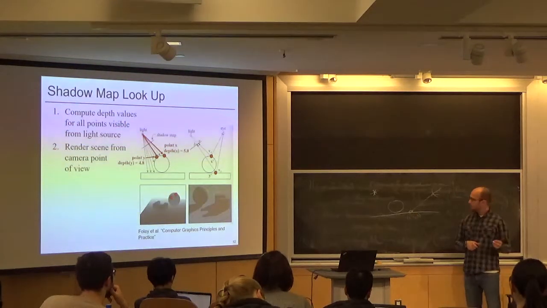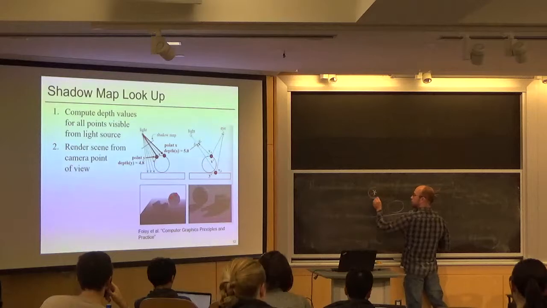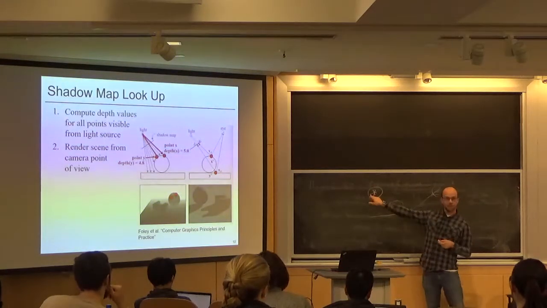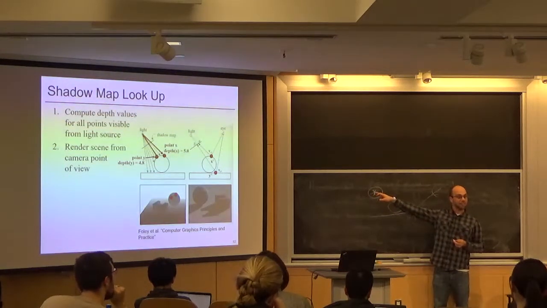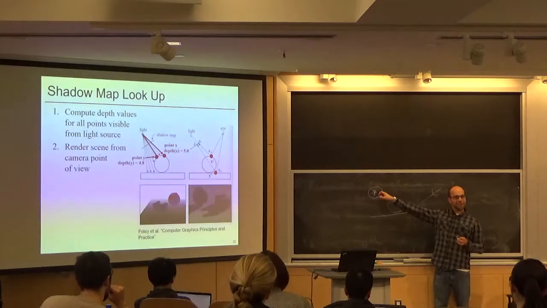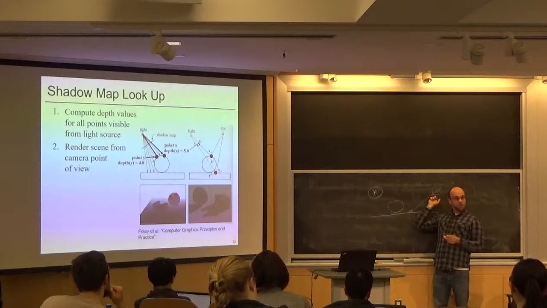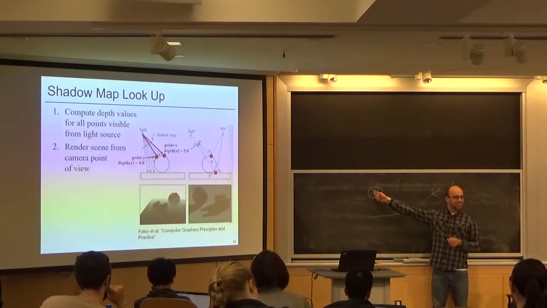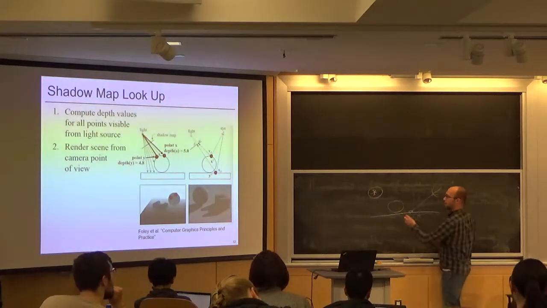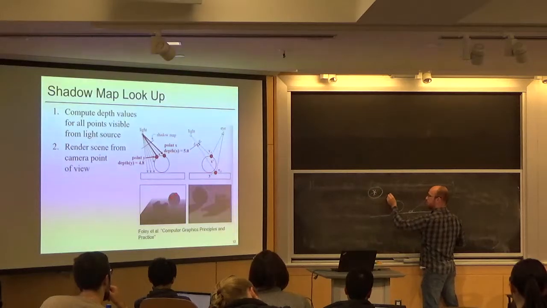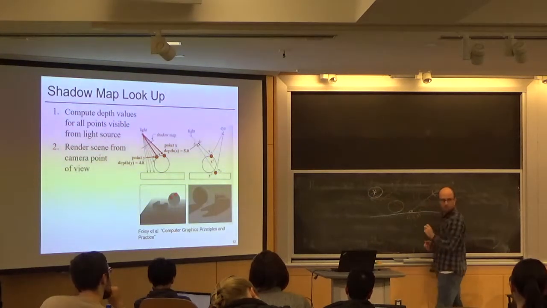I can also have access to the projection matrix that the light used to make its depth image. So inside of my camera's shader, I'm going to apply the projection matrix from the light. Remember that the light already has this little image rendered in front of its perspective.